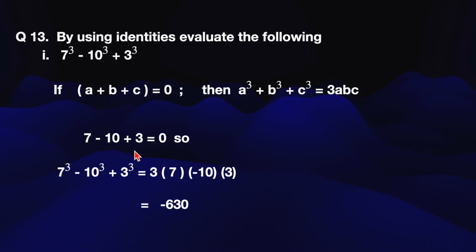Add it. Is it 0? Yes, it is 0. So 7 cube minus 10 cube plus 3 cube is equal to 3 into a, that is 7, b is minus 10, c is 3. Now multiply this, you will get the answer.